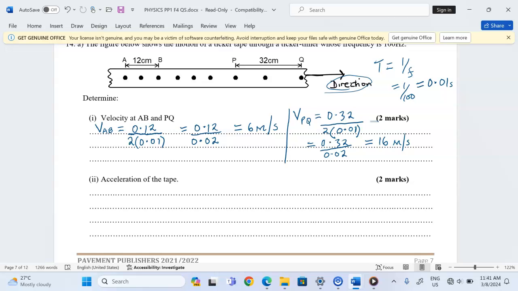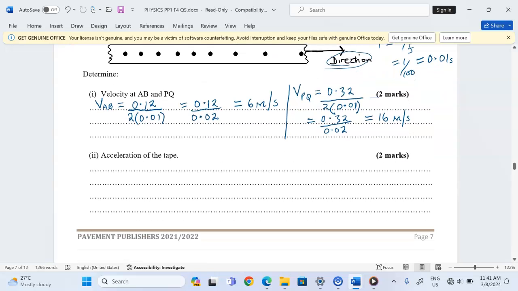Dots are made in PQ before they are made at AB, and therefore the direction of the tape should be very key. To get acceleration, we need final minus initial velocity divided by time taken.